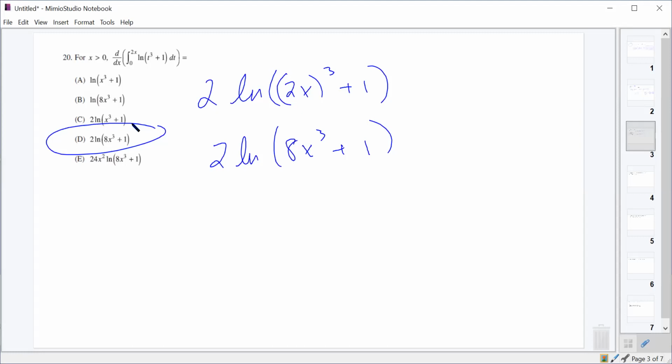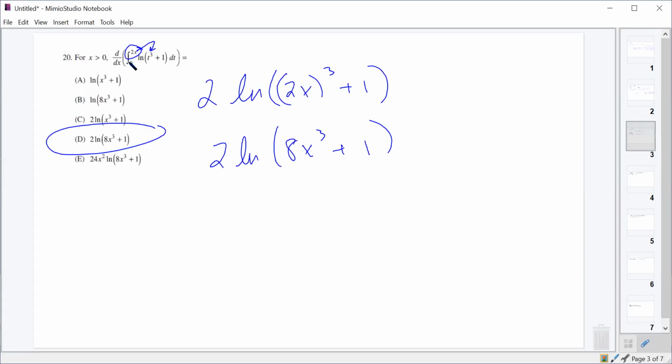I'm sorry, can you explain where the 2 in front of the natural log came from? Yeah, so this is the derivative of the integral from a constant to a function. Whenever we have the derivative of an integral from a constant to a function, you always take that function, plug it in as the t value, and then take the derivative of that function.